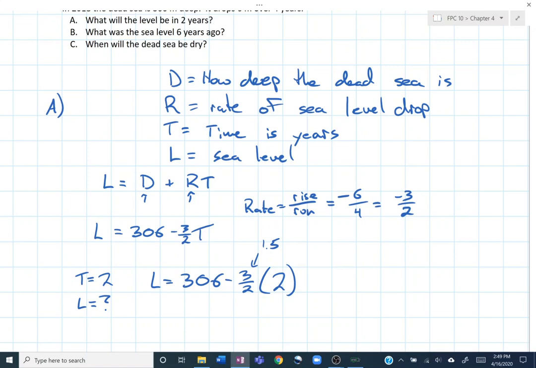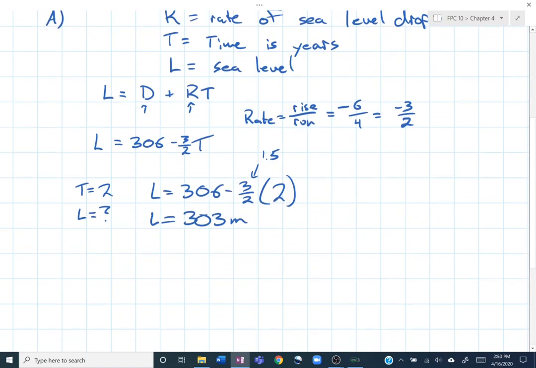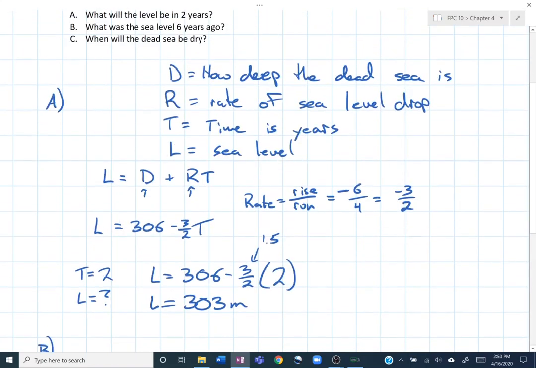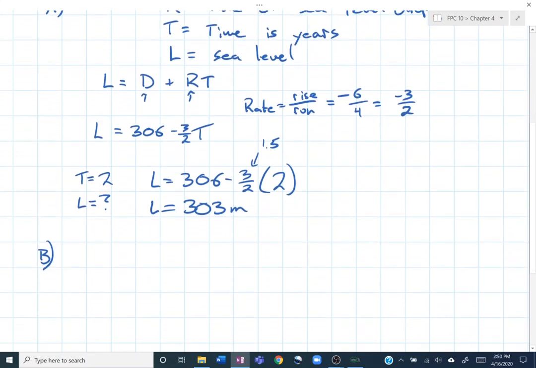I'm going to plug it into my calculator again because I've got that 3/2 in there, which makes things a little bit tricky to do in your head. Although I think I just figured it out. I think it should be 303. Oh, I should have done that one in my head for sure. Someone's laughing at me out there. 303 meters.